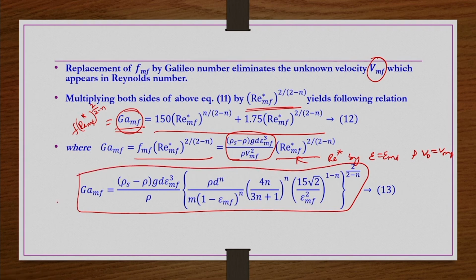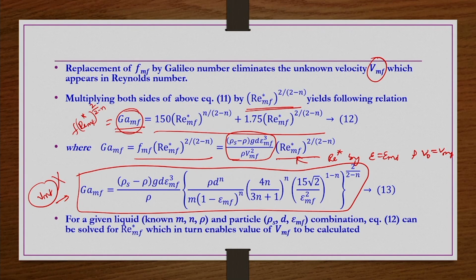Now, in this Galileo number there is no requirement of the unknown Vmf value. For a given fluid, mu and rho are known, and particle properties rho s, d and epsilon mf are also known for the given conditions.